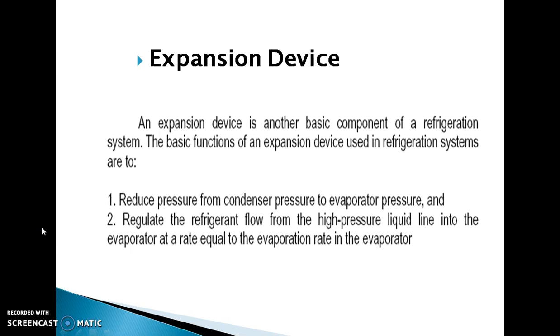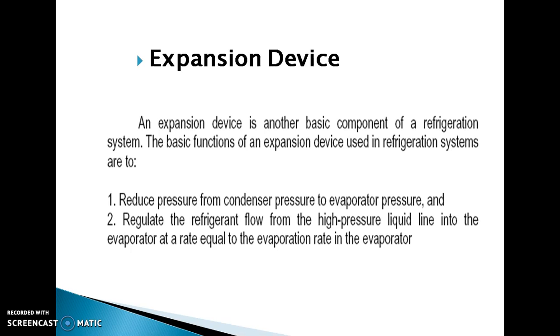Due to this sudden change in area, the liquid refrigerant from the condenser is expanded in the throttling or expansion device. So this expansion causes the pressure and temperature of the refrigerant to reduce to a desired value. The temperature which we get after the expansion device is much lower than the atmospheric temperature.